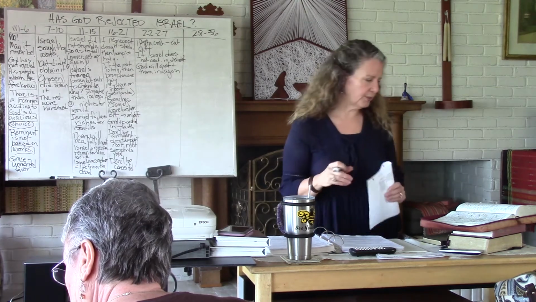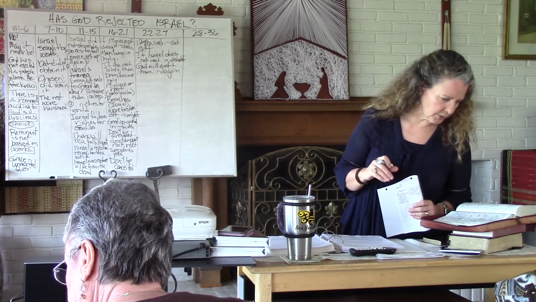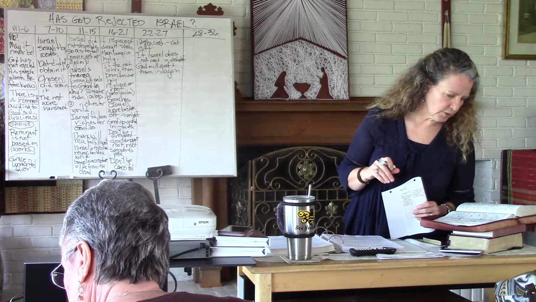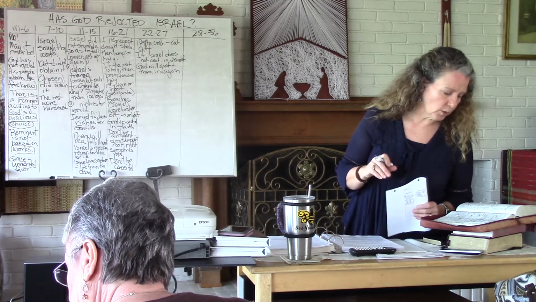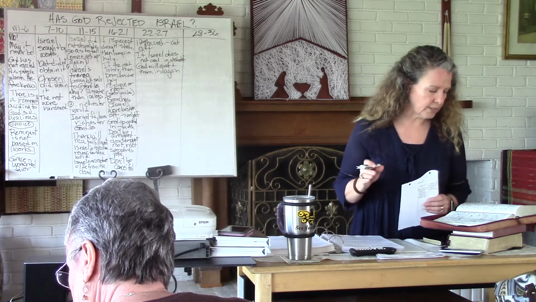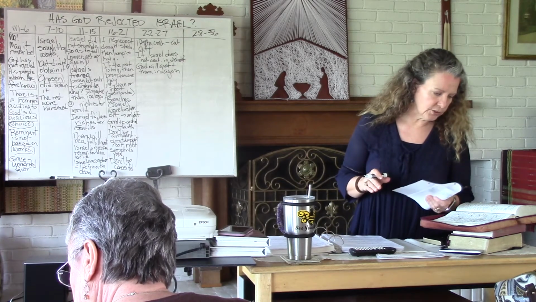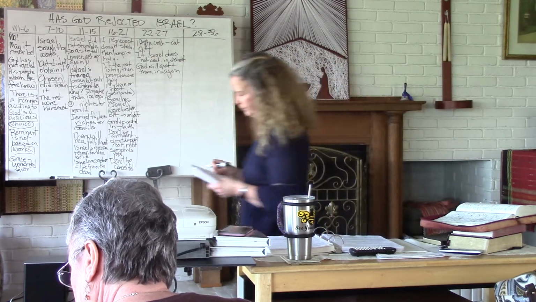And then Paul reveals a mystery. What was the mystery that he reveals? He says in verse 25, I don't want you, brethren, to be uninformed of this mystery, lest you be wise in your own estimation. What is the mystery?